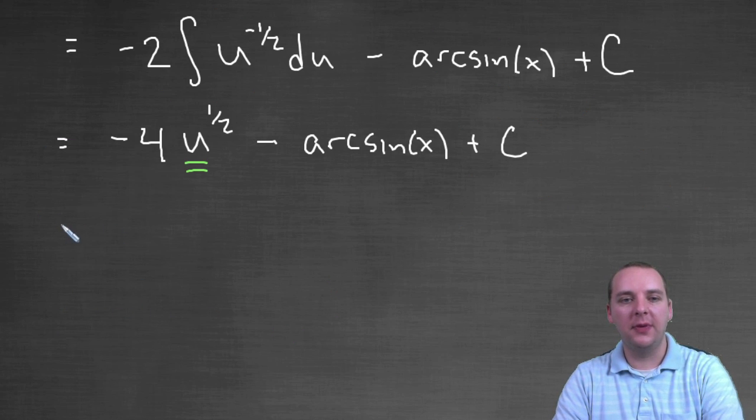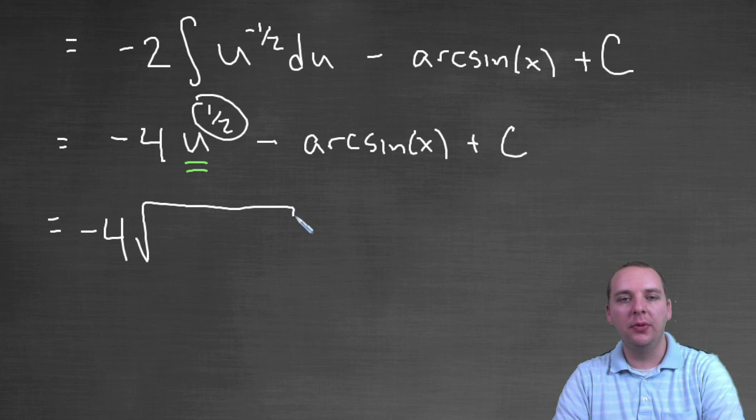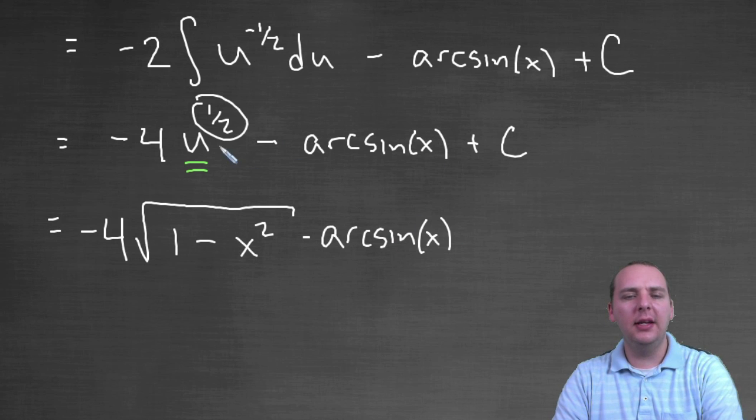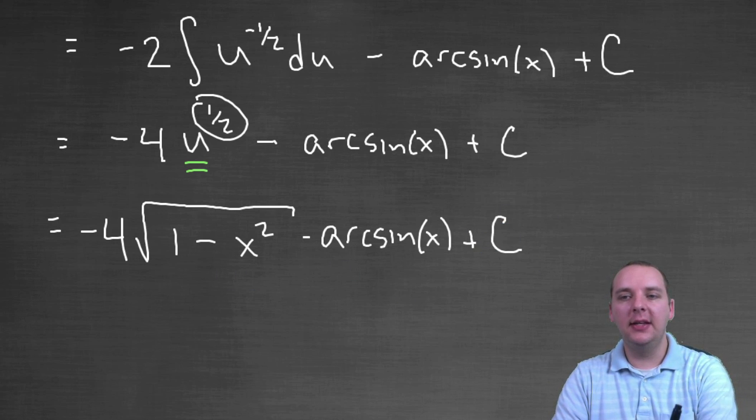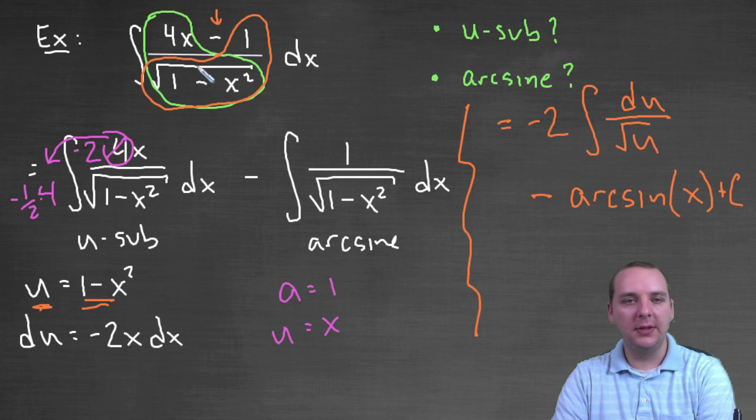All right, so I'll have as a final answer negative 4 times the square root of 1 minus x squared, since the 1/2 power is the same as a square root, and that's what u was, minus arc sine of x. And I don't need an additional plus c for this integral. One constant of integration and another constant of integration, if you absorb those together, it's just a new constant. So we can keep this notation plus c. So this is the indefinite integral for this problem.